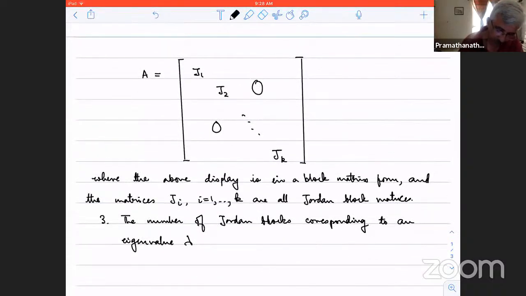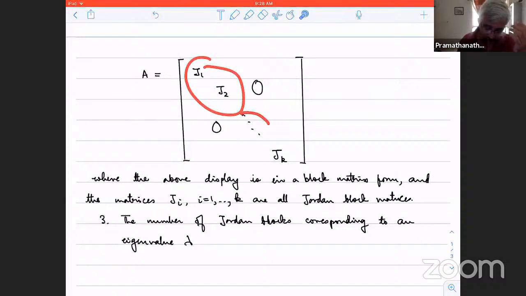It's quite possible, say you have an eigenvalue lambda, that this one, that one, and one somewhere in the middle are Jordan blocks with that eigenvalue. But of course, if you have any reasonable clerical skills, you will put all the Jordan blocks with the same eigenvalue in one set, with another eigenvalue in another set, and so on and so forth.